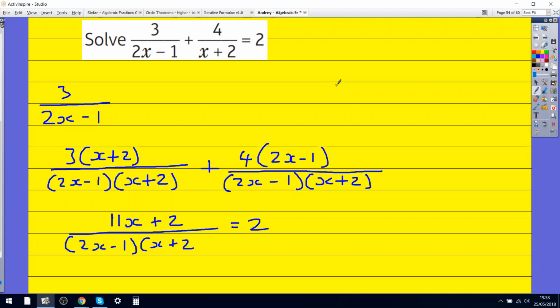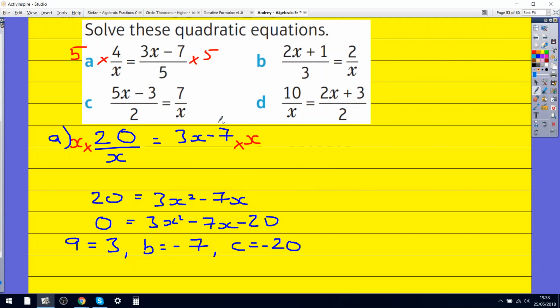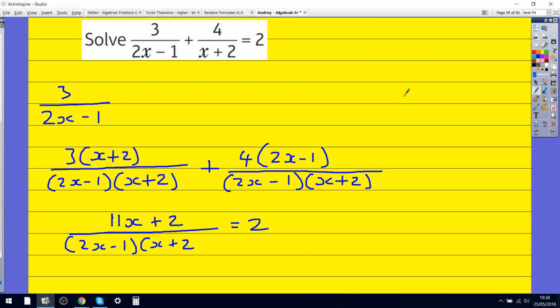So you have to now solve it. Do I need to solve? So you would do what we did here, same idea. You have to then solve it. So how would we go about solving this? We have to find what x is.